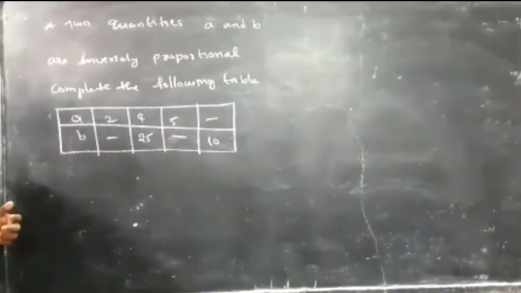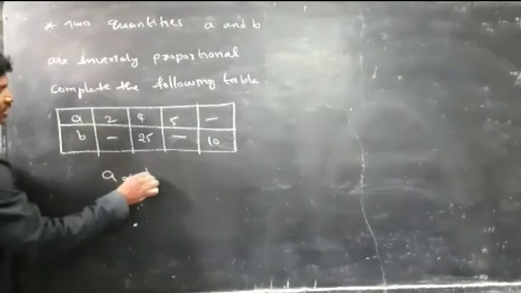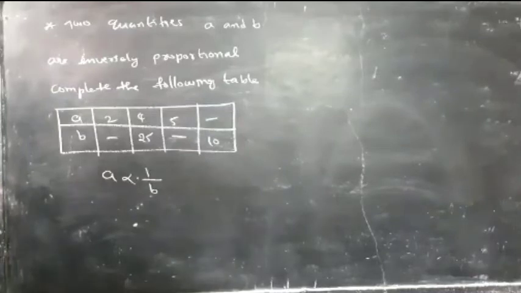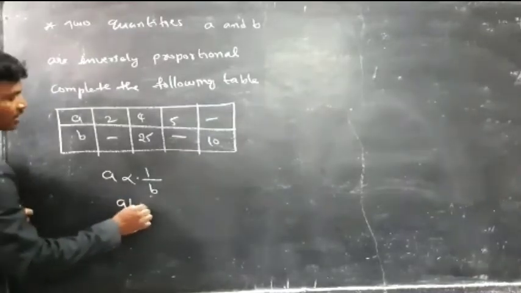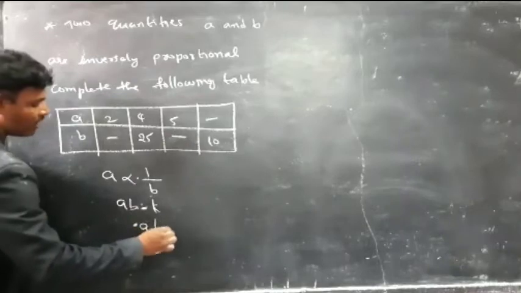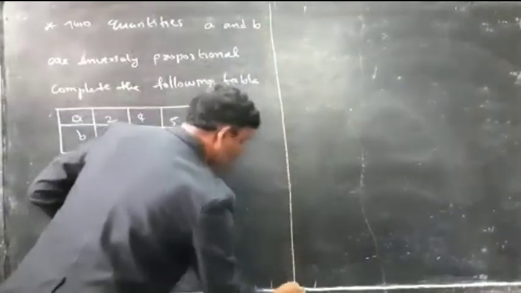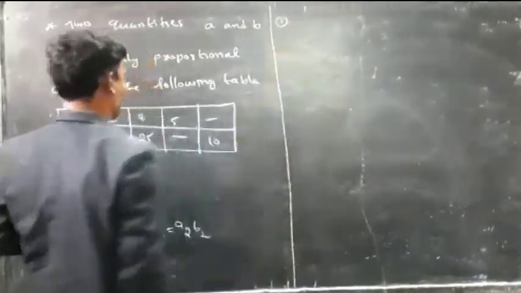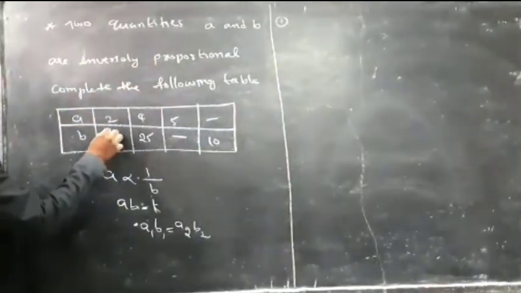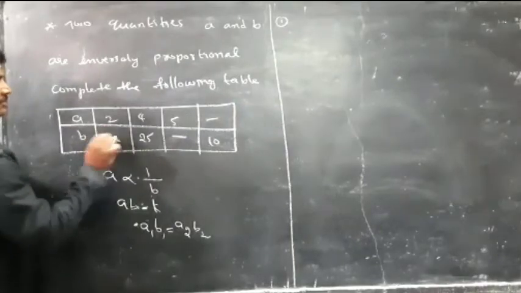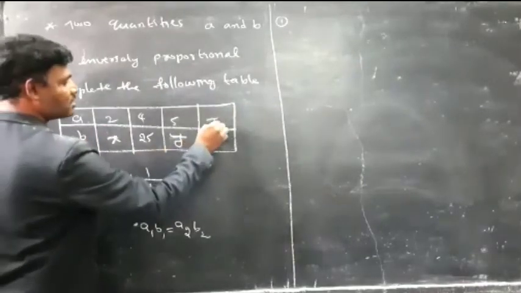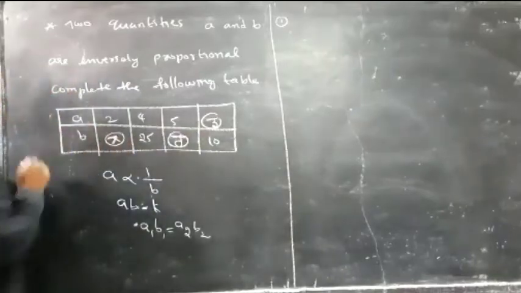Two quantities a and b are inversely proportional, so you have to complete the table here. a is inversely proportional to b, what we can write here? ab is equal to k, it means a1 b1 is equal to a2 b2. So first problem, let the required values be x, y and z.